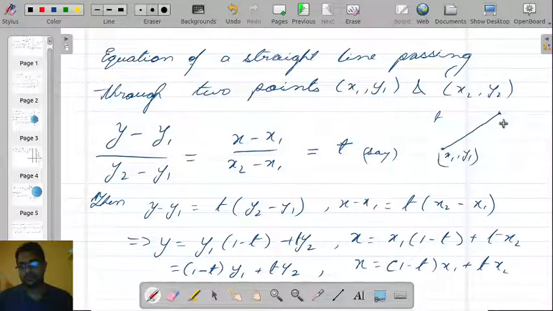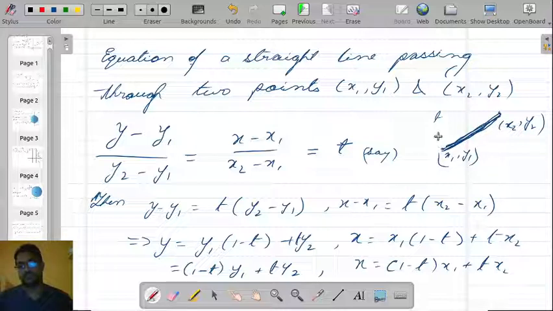You can try. That is actually the section formula that you have done in school. Any point on the line between these 2 points can be written as (1 minus t) into y1 plus t into y2, where t lies between 0 and 1.